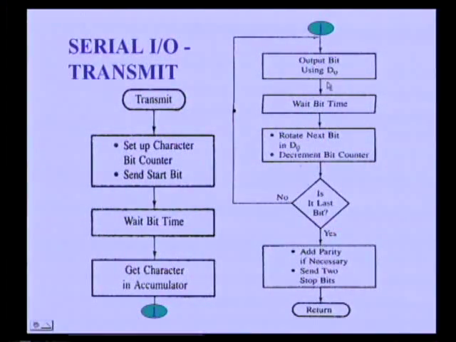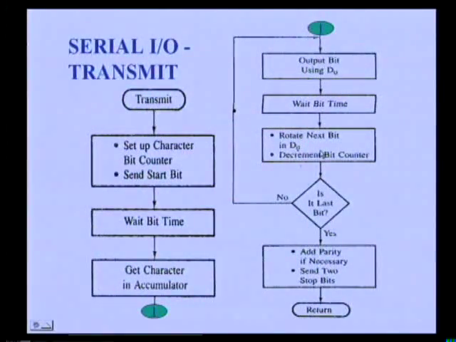And after transferring the D0 bit, wait again for bit time, then rotate the next bit into D0, so that the next bit goes into the carry flag, and that will be copied again into the D7 bit, and then that D7 bit of the accumulator will be transferred through the SOD line.